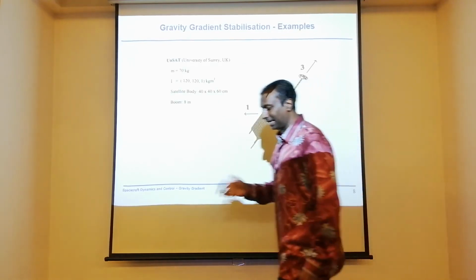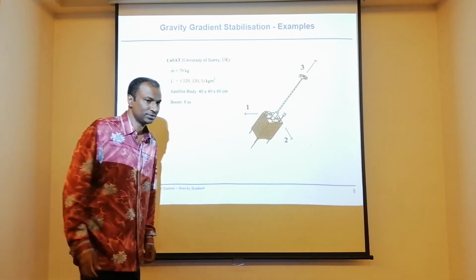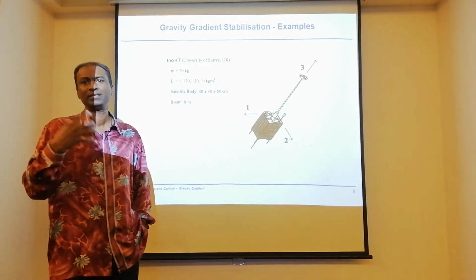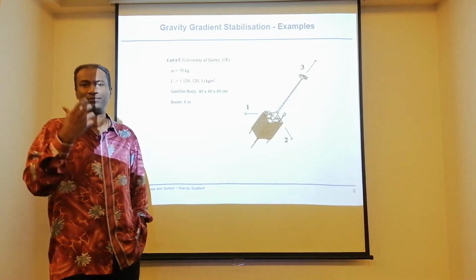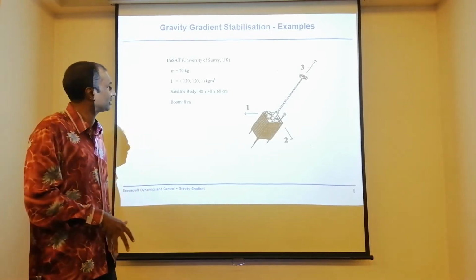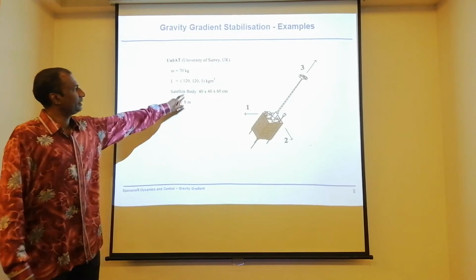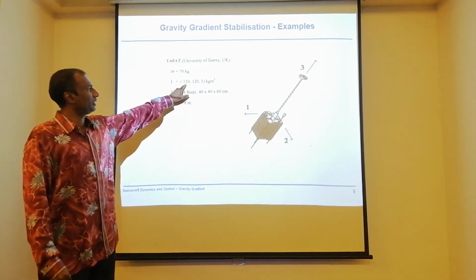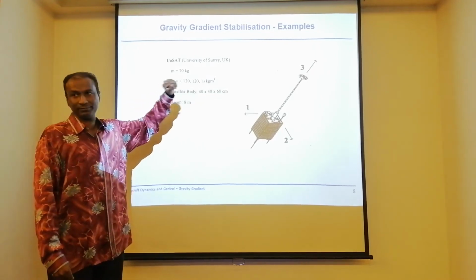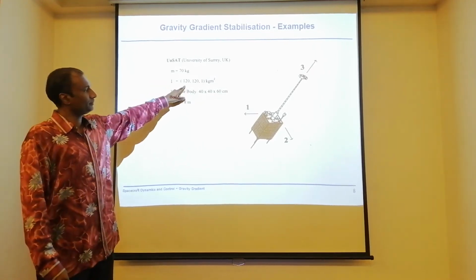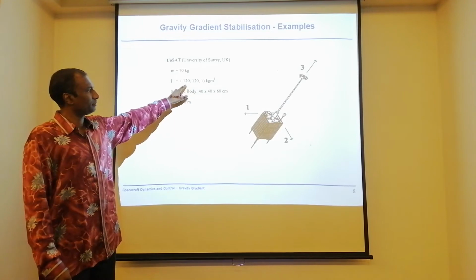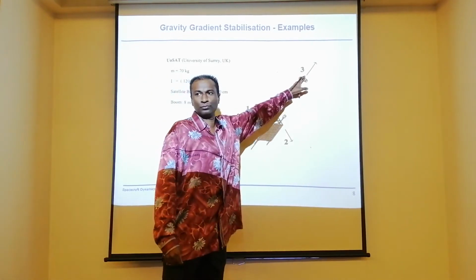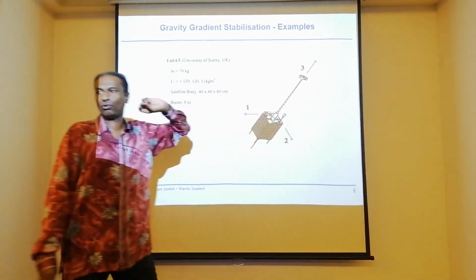I'll give you a good example of how certain small satellites have used this gravity gradient. Well, it is a disturbance, it's disturbing us, but they have used it to stabilize their spacecraft. For example, as I mentioned just now, you have X, Y, and Z. If you look at it, 1, 2, and 3, practically the boom is along the yaw.